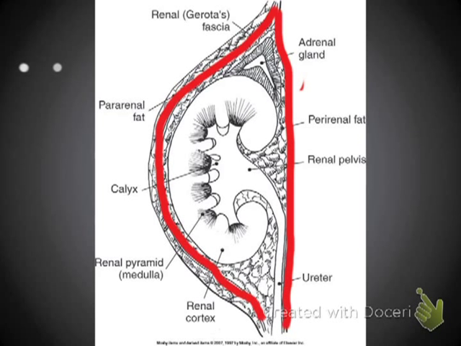And we also have surrounding the kidneys and the adrenals all of this stuff here, and that is the perirenal fat.